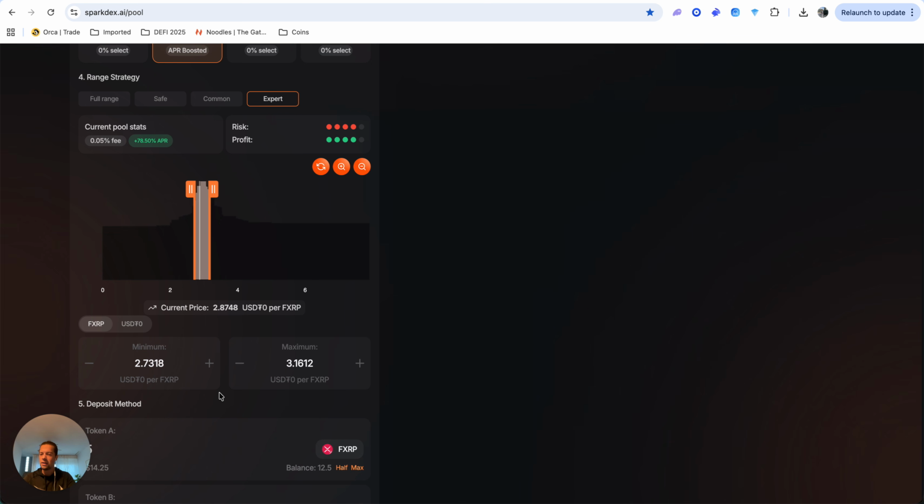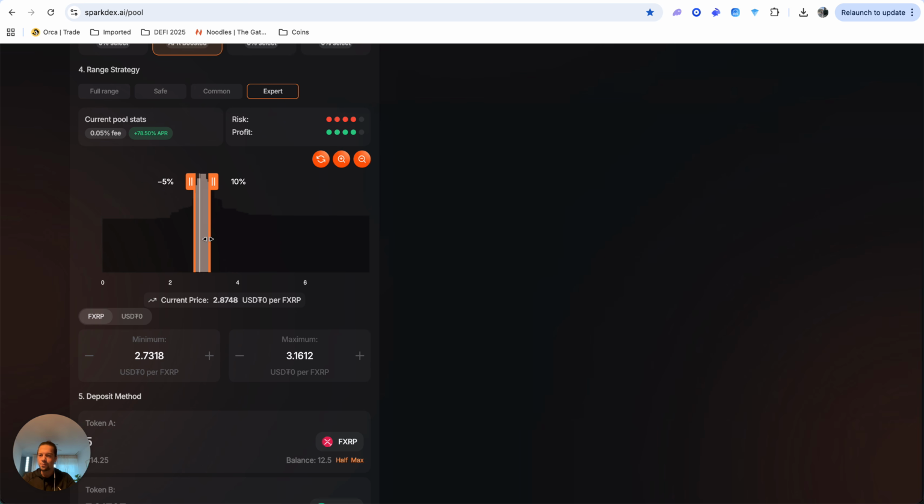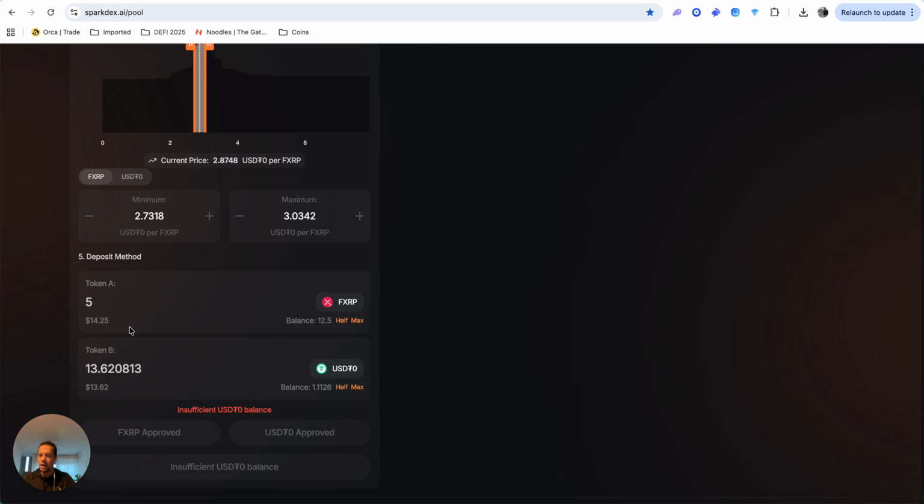As you can see right now, if we do -5 and +5, more or less, then I need 5 Fxrps, which is like $14, and about the same in USDT0.